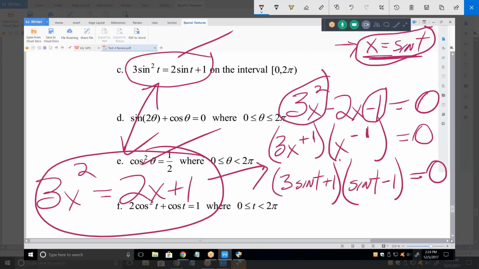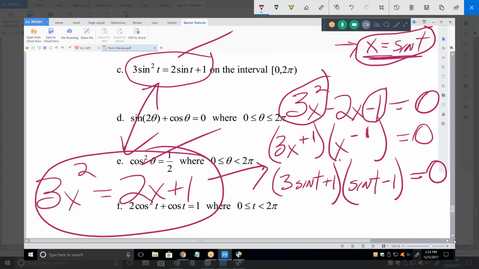Now we have a trig problem. How do you solve this? You still use the algebra. In other words, the basic algebraic principle is probably the most important algebraic principle there is, which is if you have two things multiplied together that equal 0, one of them has to be 0.